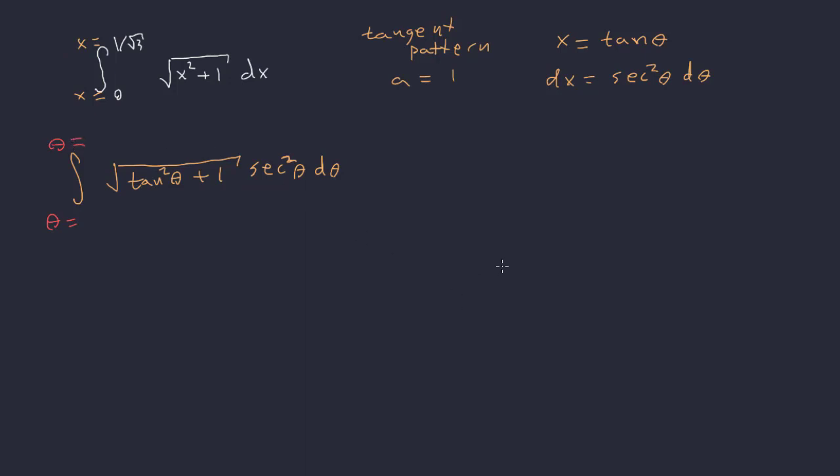So this should hopefully mean we don't have to create a reference triangle at the very end, but we may need to know a little bit more about our trig function.